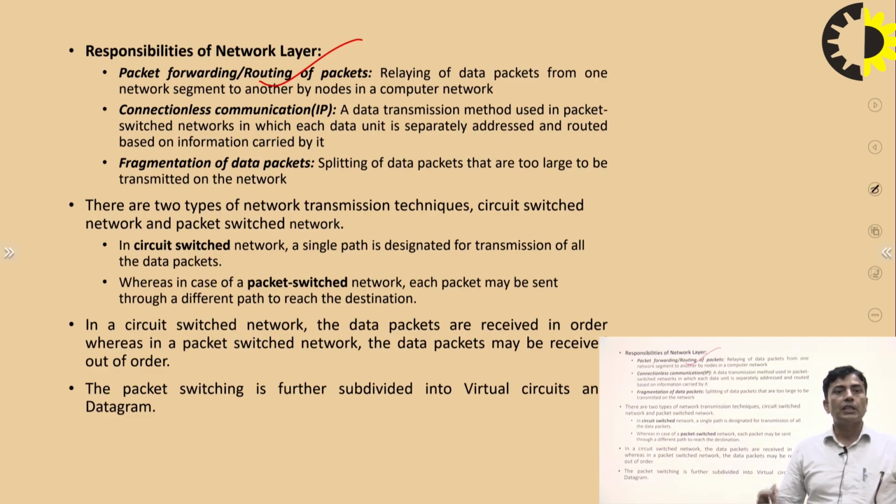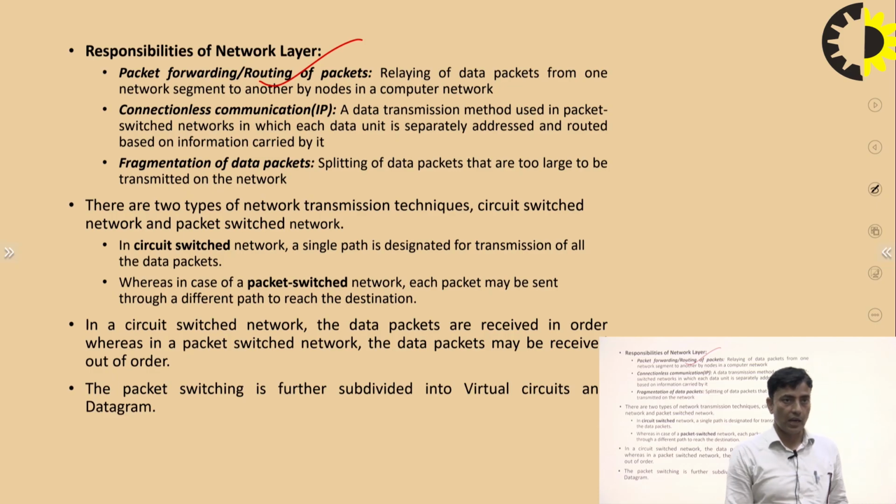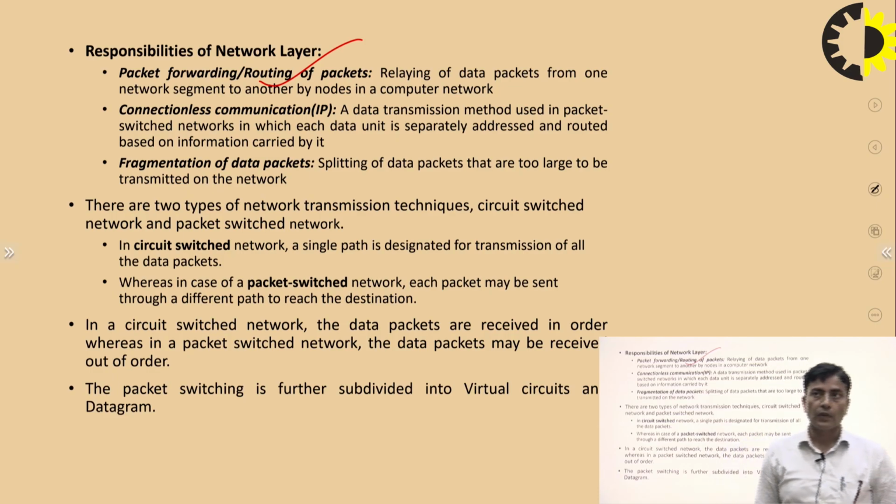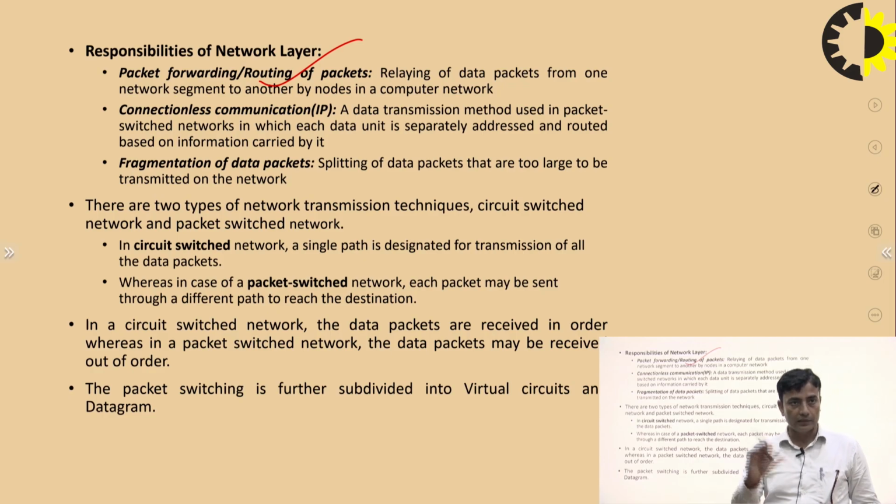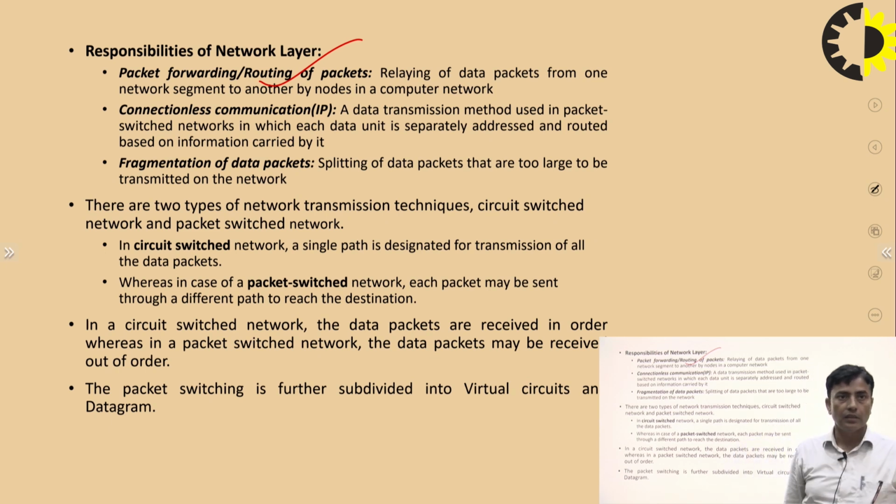Then logical addressing is done by the network layer, in the form of IP addresses, IPv4 and IPv6. Then there is the data link layer addressing, that is the MAC address, which is also used to identify particular machines.